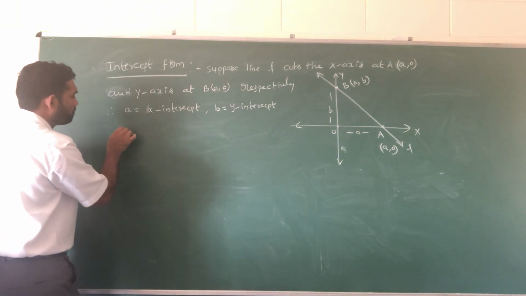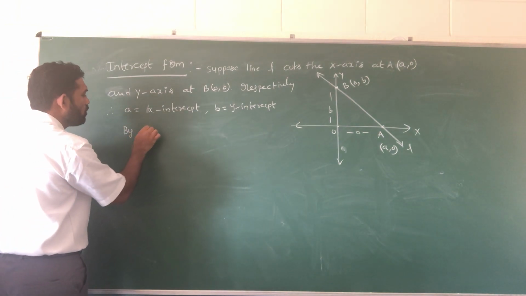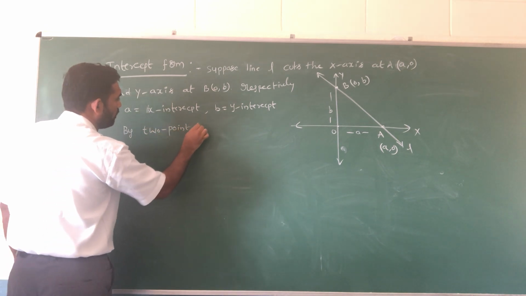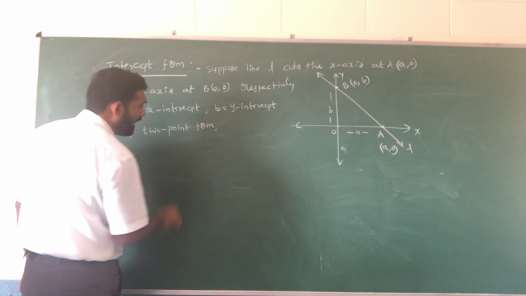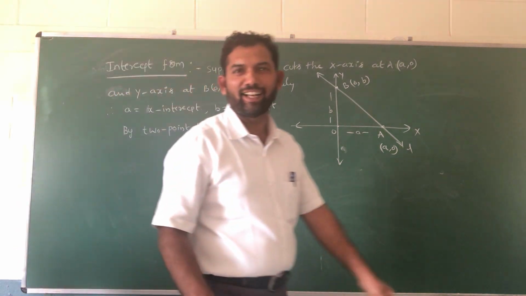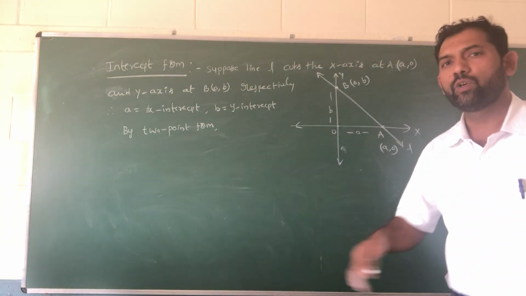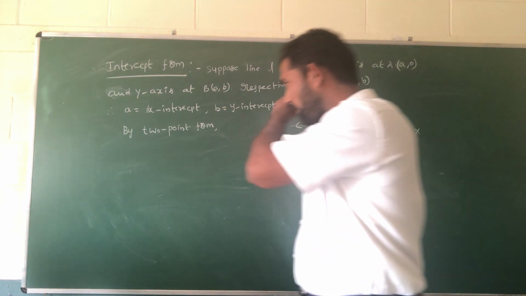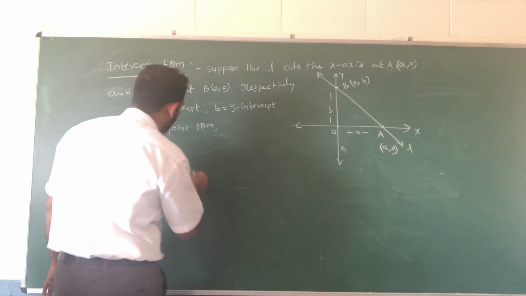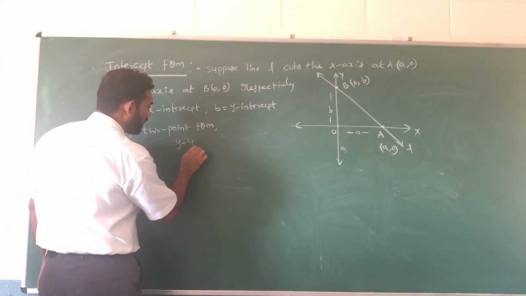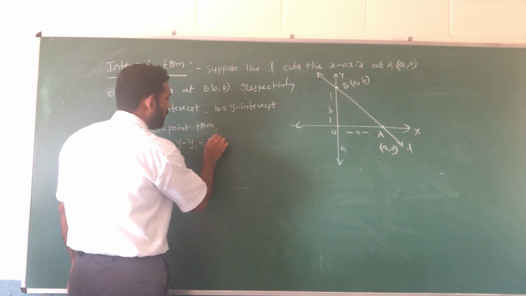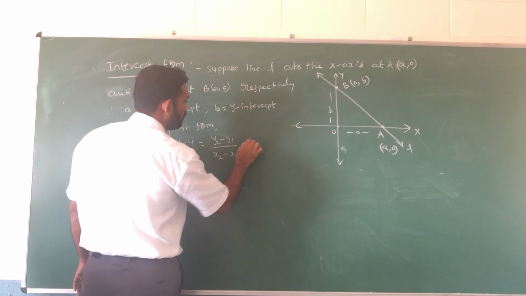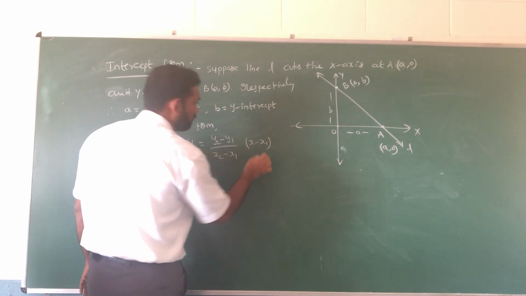So by two-point form, on the line two points are there. You have to apply the two-point form formula. So what is that formula? y minus y1 equal to y2 minus y1 by x2 minus x1 into x minus x1.